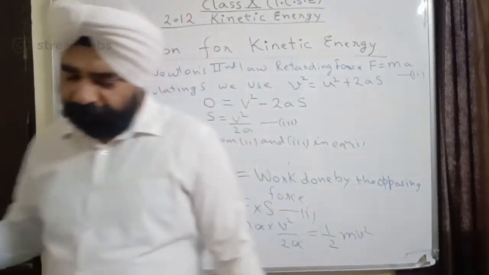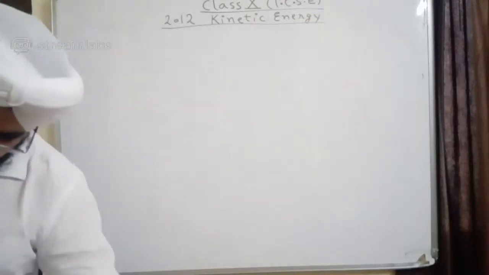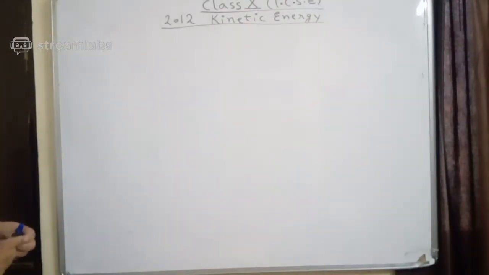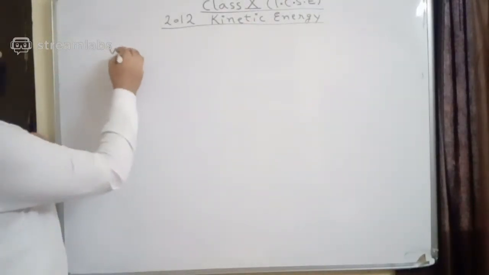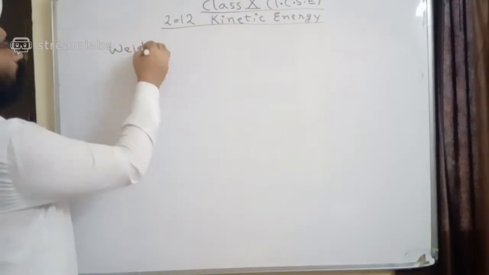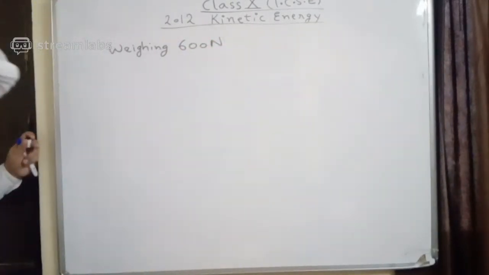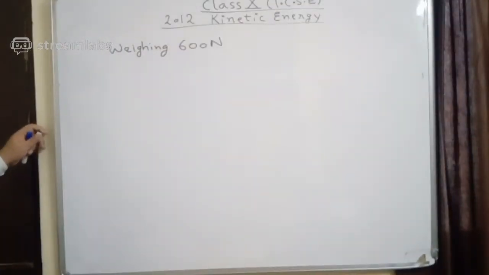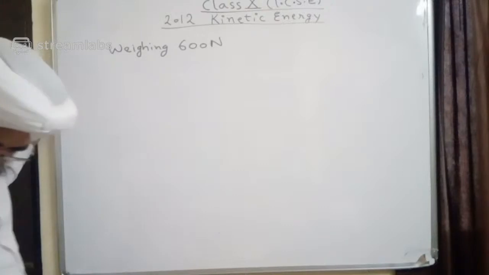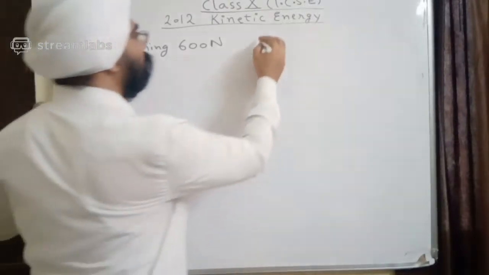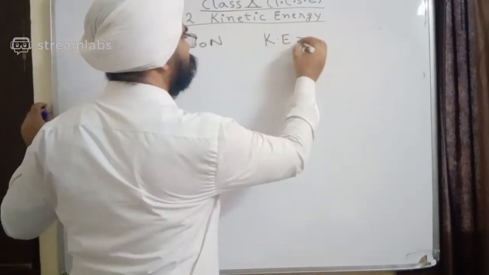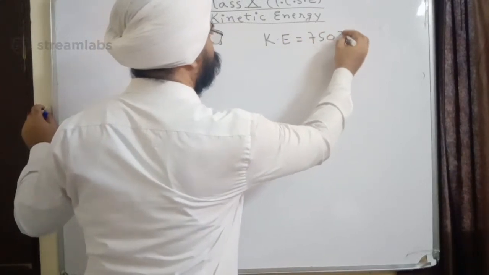The first question is, how fast should a man weighing 600 newtons run, if his kinetic energy is equal to 750 joules?